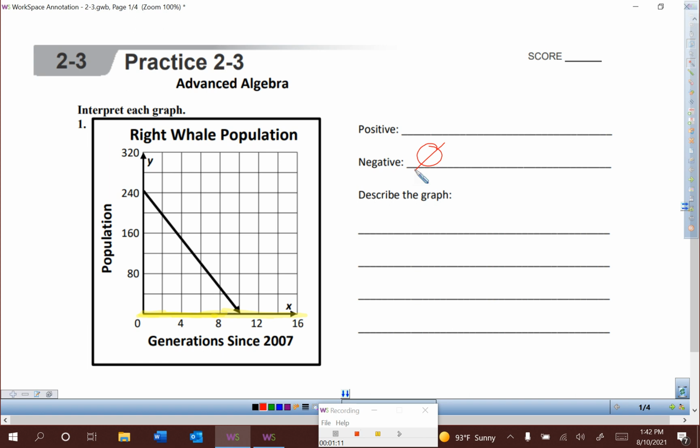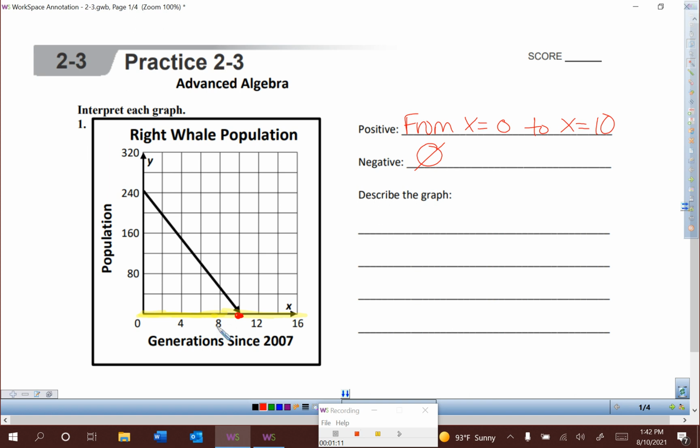So then for my positive, I'll say from x equals 0, remember that's your starting point, this one went over to x equals 10. So from x equals 0 to x equals 10 is our positive. That would have also been the same thing for our decreasing. Since it decreased the whole time, we would have written the exact same thing on decreasing as well.